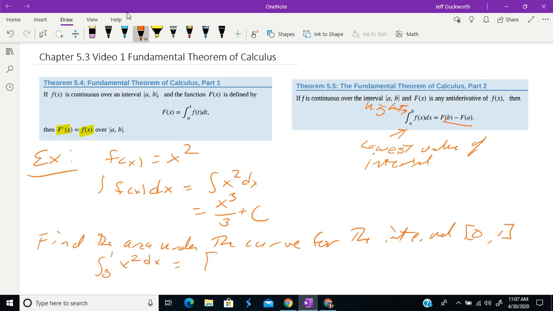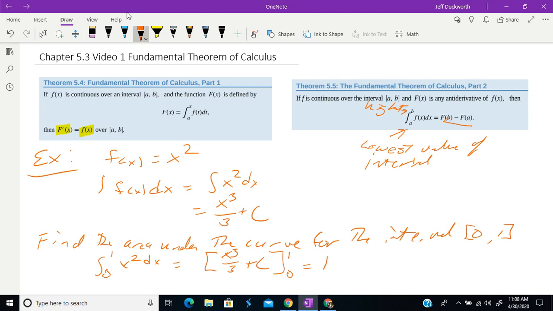We would have, this is what it would look like. And how we typically write this, so x cubed over 3. The c is kind of redundant, and you're going to see this in a minute, and I'm not going to use the c after this for these. All right, so this is how we evaluate it. Remember, we take the larger x value, and we evaluate it there first.